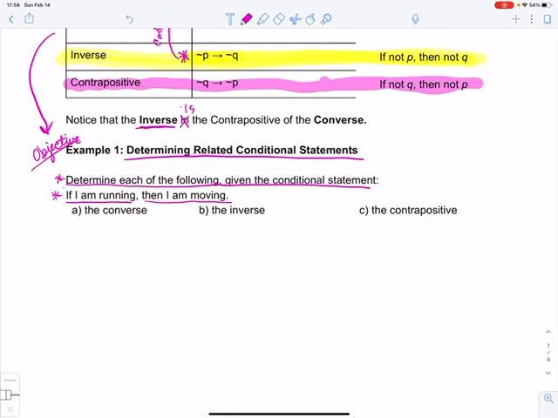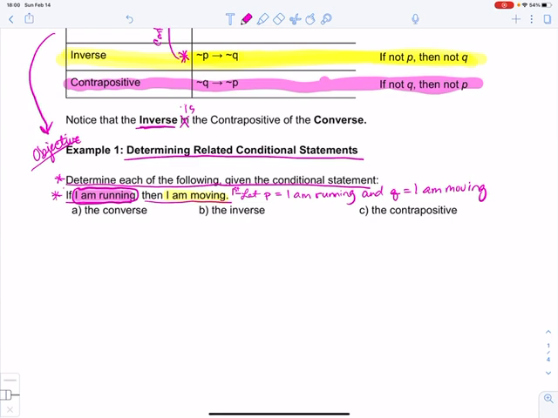For all of these, we can first let P equal the first statement, I am running. For Q, we can let that equal I am moving. That's your very first step. Identify your P and Qs for any type of statements like this.